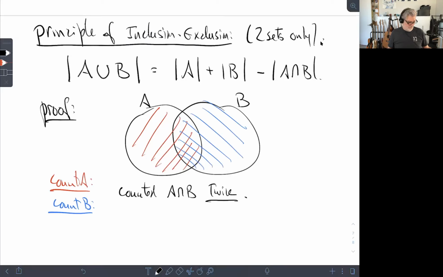Okay, so you see the inclusion exclusion. So you include everybody and then you exclude some because you counted them twice. If you look at the formula for three sets, it's the same thing, but you have to go one step extra because you count, let's say you have sets A, B, C, you count A, B, and C, okay? Now you've counted those in A and B twice, those in A and C twice, and those in B and C twice, so you remove those.